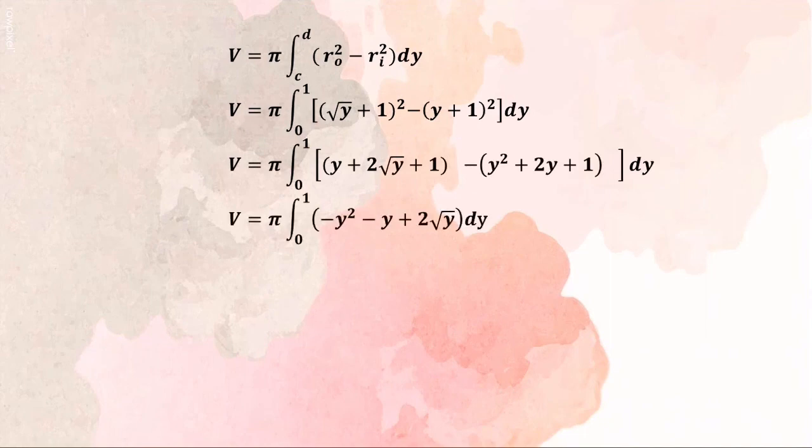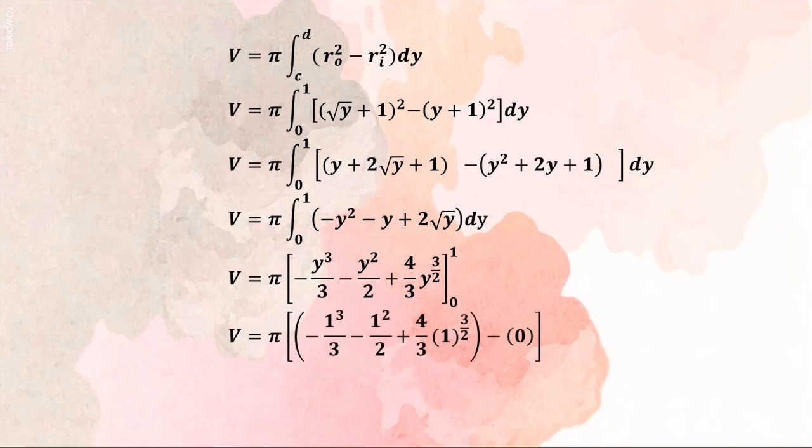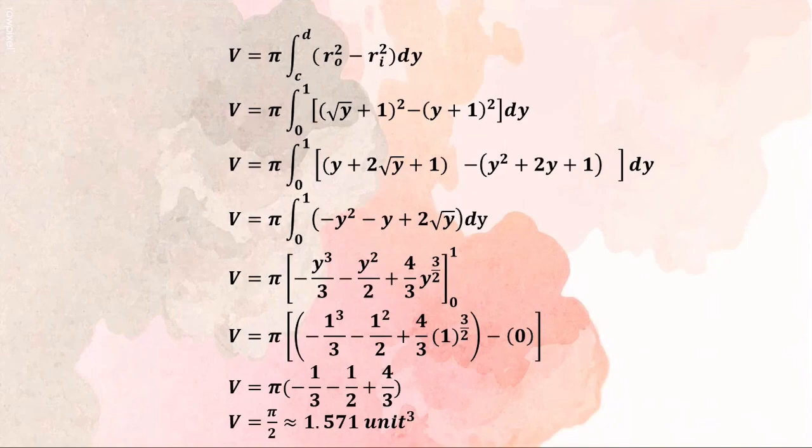And next is to find the antiderivative, so we have here negative y cubed over 3 minus y squared over 2 plus 4/3 y raised to the power of 3 halves. And then evaluate the interval from 1 to 0, then simplify. So for example 3, the volume is equal to pi over 2 or 1.571 unit cube.